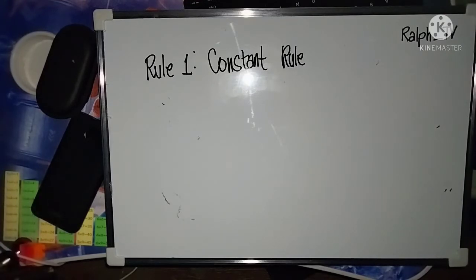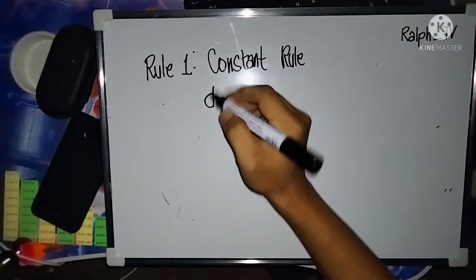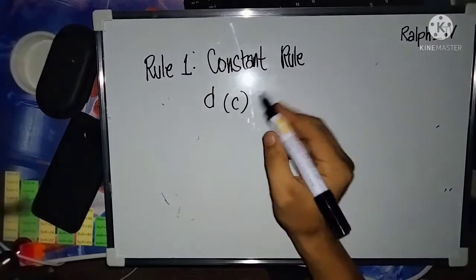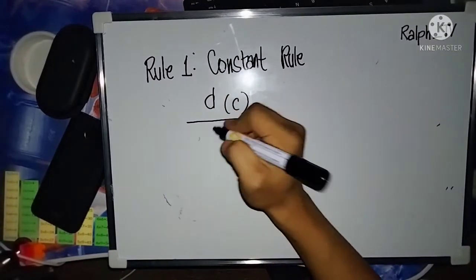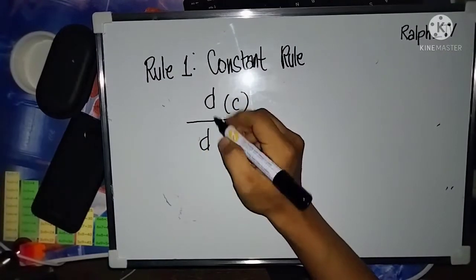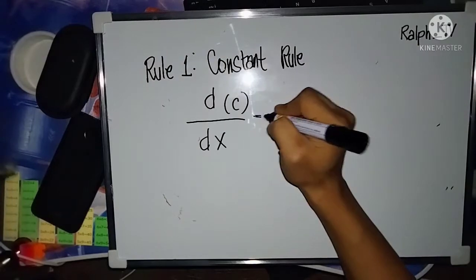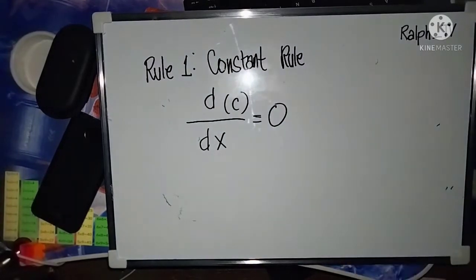So, first we put up derivatives. Derivatives of, ito yung ano niya, denotation. D of C in terms of the x. So we have let's say 0.